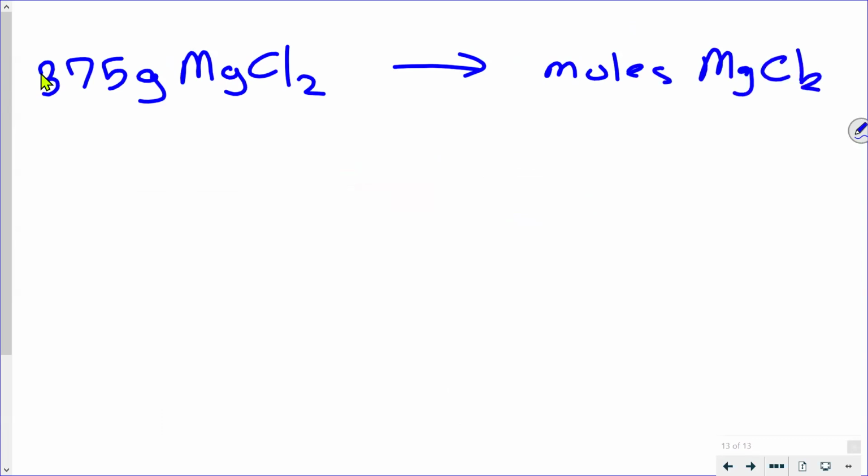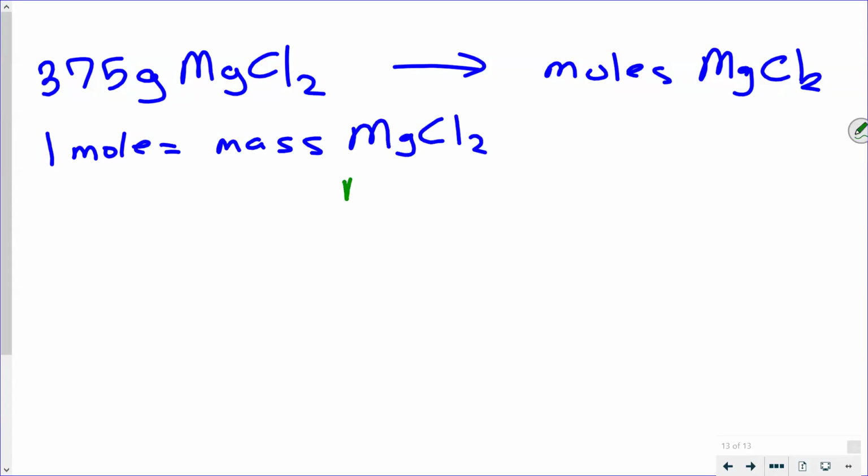I'm gonna go back to that way we talked about. 1 mole equals the mass of MgCl2, right? Yeah. So I now know I need to find a mass of what? One Mg and 2 Cl. What's the mass of magnesium from the periodic table?